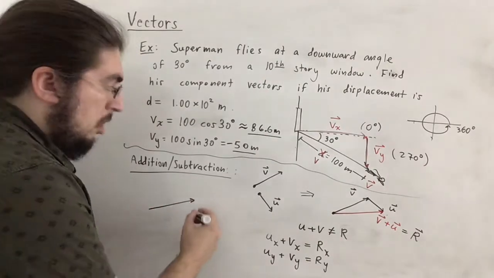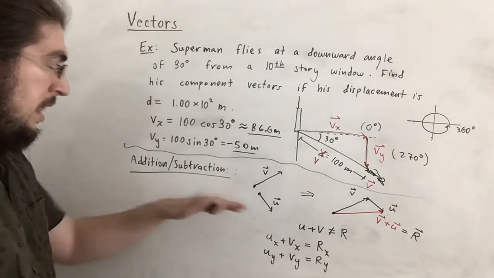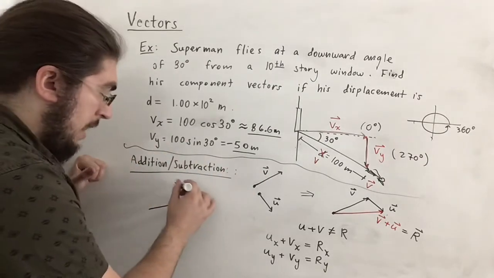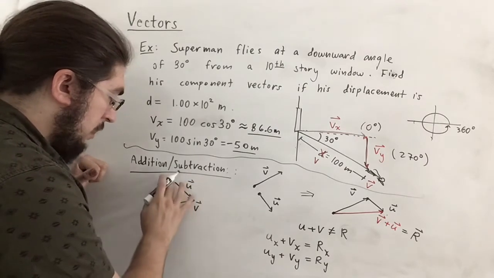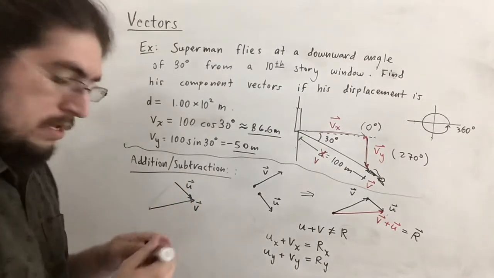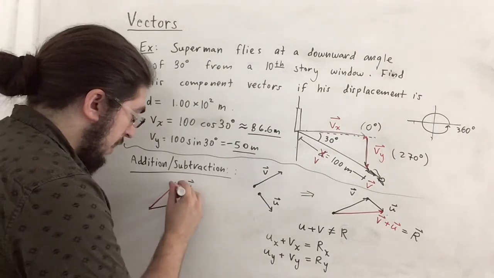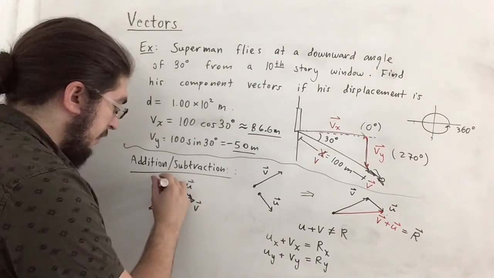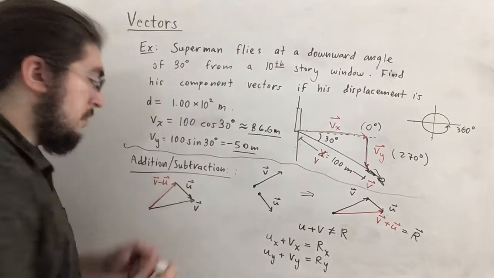Then that means the resultant vector will be v. So imagine this is v here. And then u will be one of the components that would add to v. And the other component that would add to make that, so let me draw that in red here, would be the subtraction. So this vector here would be the vector v minus u, because we're subtracting u from v in this case.